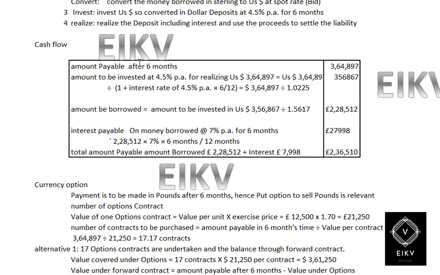Now the calculation or cash flow: the amount payable after 6 months would be 3,64,897.